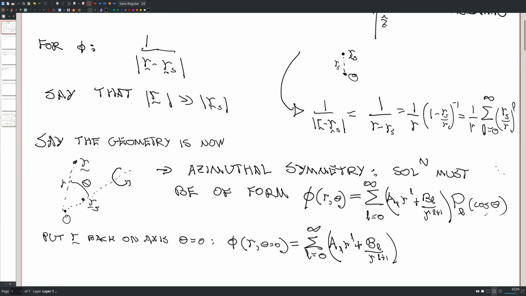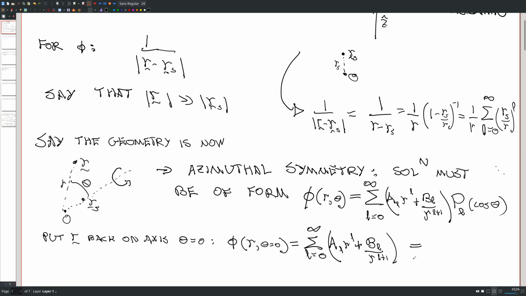But now cos theta is 1, and I stated in passing that every Legendre polynomial evaluated at an argument of 1 is equal to 1, just by definition of the scale. All these things fall out. So that's my expression.